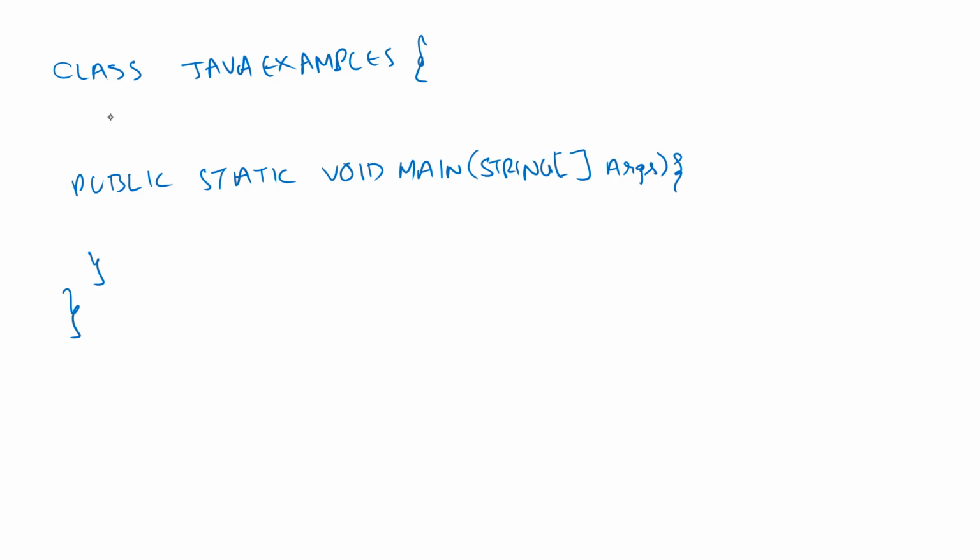And I am declaring a variable here which is static: static int a equals 10. This is a static variable I have created. And let's say I declare this as final.